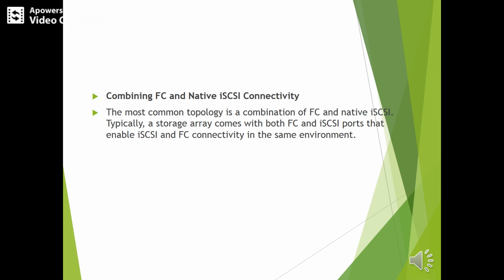Combining FC and native iSCSI connectivity. The most common topology is a combination of FC and native iSCSI topology. Typically, a storage array comes with both FC and iSCSI ports that can enable iSCSI and FC connectivity in the same environment.